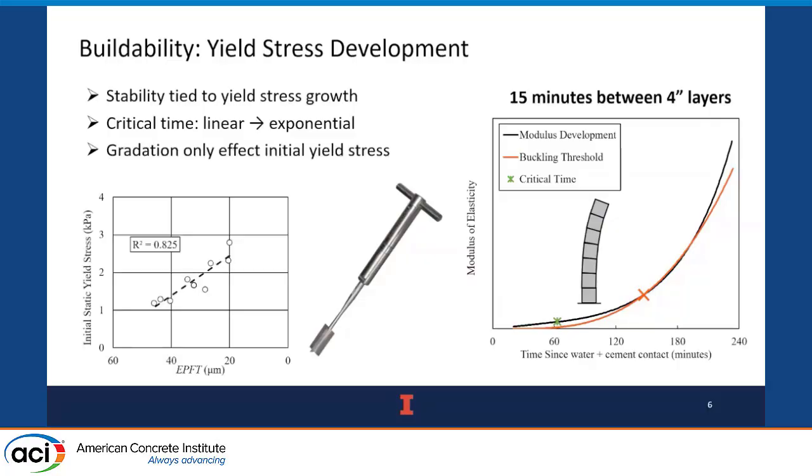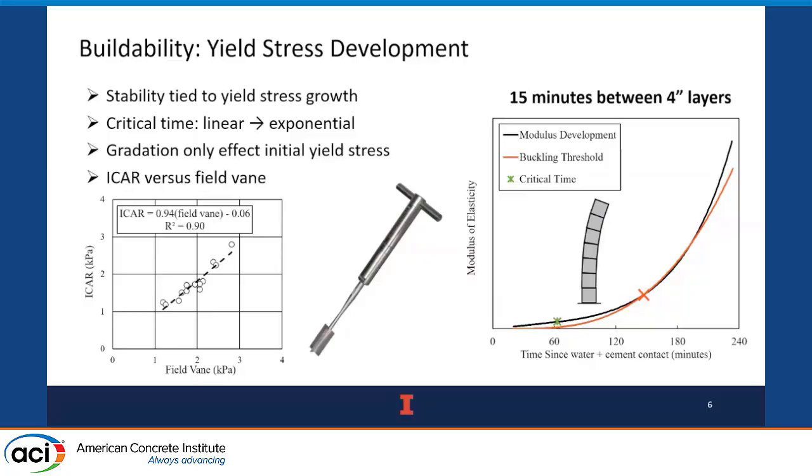You could get buckling. And just to kind of show here our trend, or the effectiveness of the effective paste film thickness variable, yield stress versus EPFT provides a fairly strong linear relationship in its ability to predict. And then if you're wondering, how does this compare to our $20-some-odd thousand ICAR rheometer?